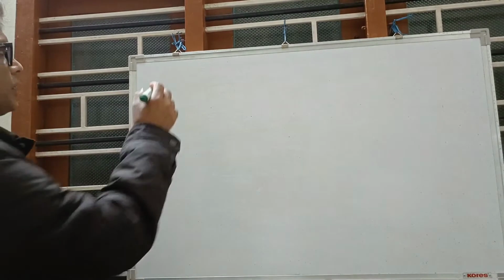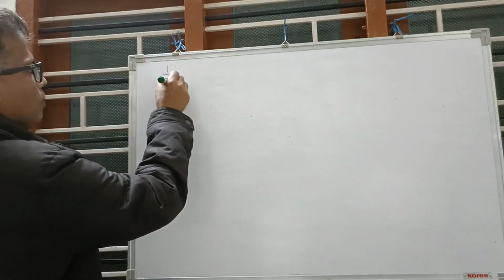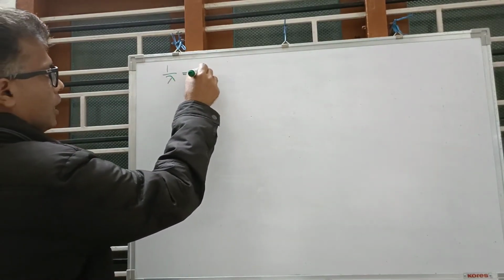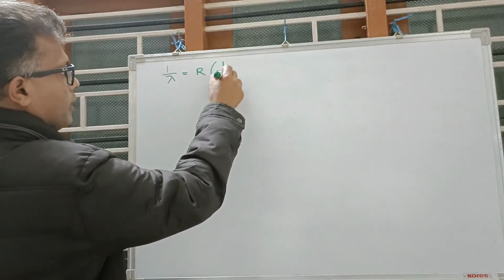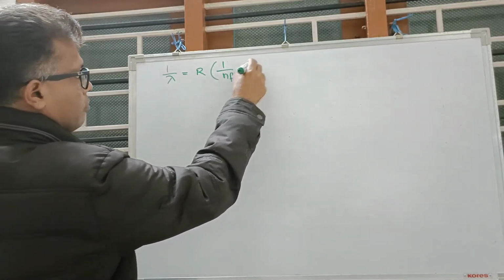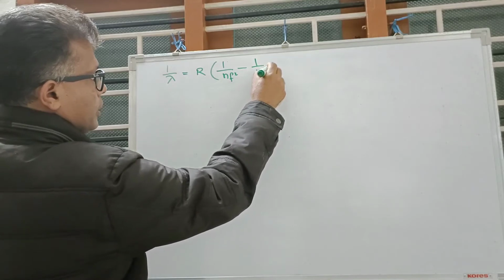I'll just write the equation. 1 by lambda is equal to R into 1 by n final square minus 1 by n initial square.